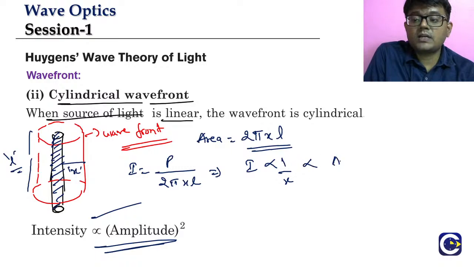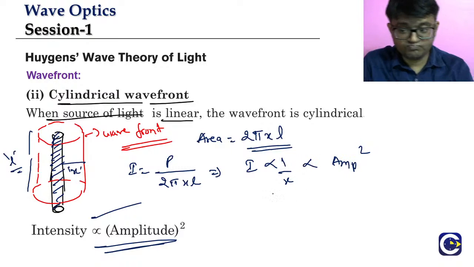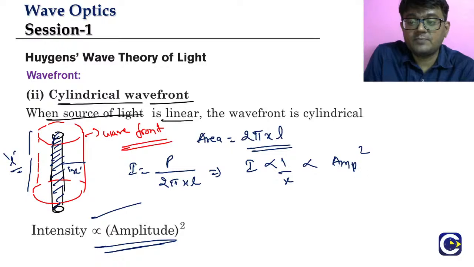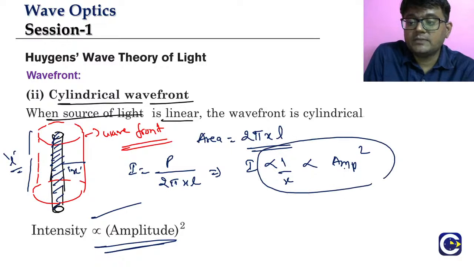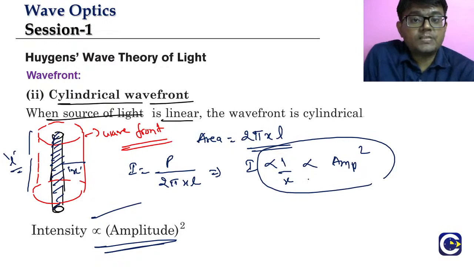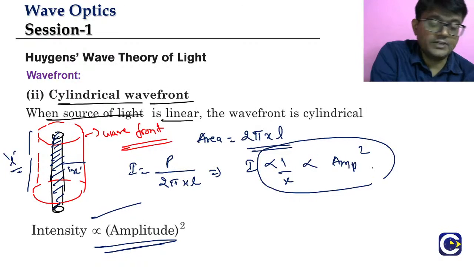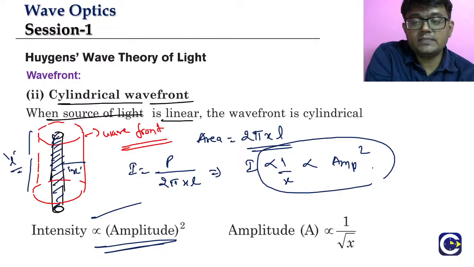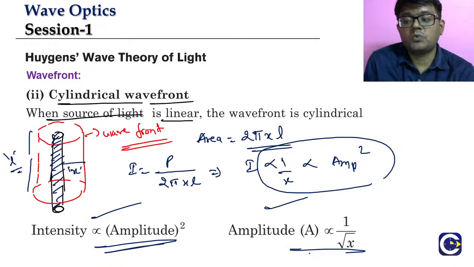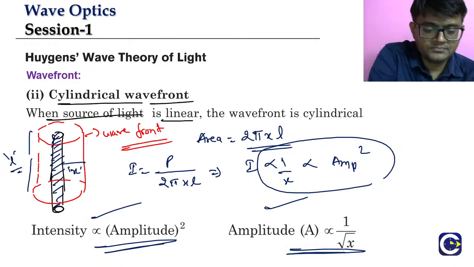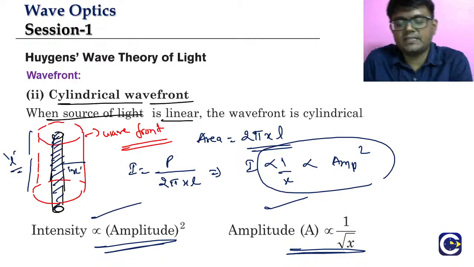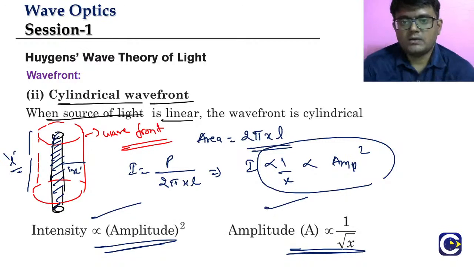But intensity is amplitude square, so amplitude square is proportional to 1 by x. If you take a square root, amplitude is proportional to 1 by root x.